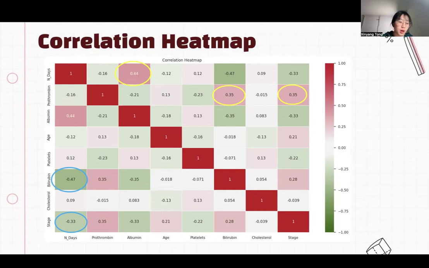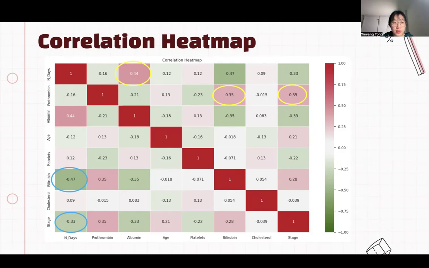And also, we need to focus on the number of days and bilirubin. The value is minus 0.47, which means there's a strong negative relationship between them. And the negative relationship means that if the number of days becomes higher, the bilirubin will become lower.